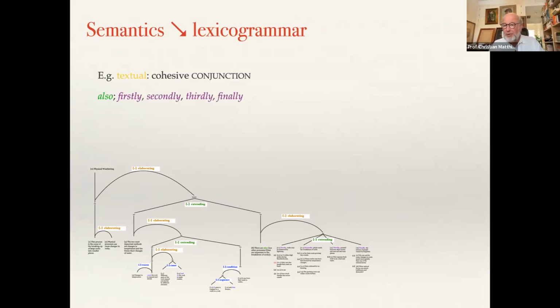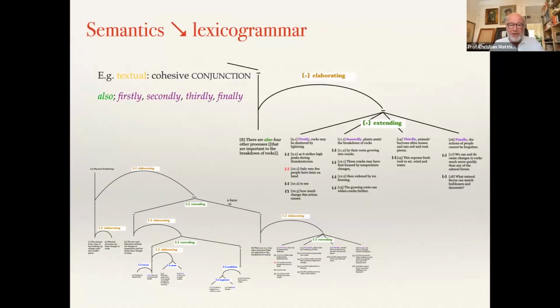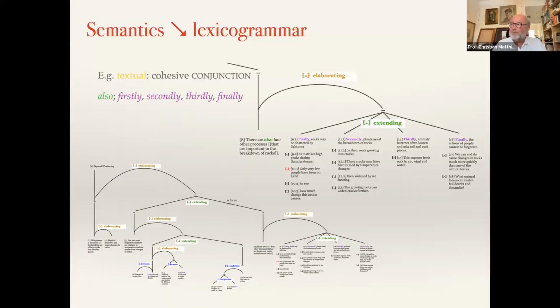So there's a great opportunity for engaging with cohesive conjunctions. And you learn about also firstly, secondly, thirdly, and finally. So if you look at this bit, you can see how the different conjunctions play a role as clue words in helping readers navigate through the text.